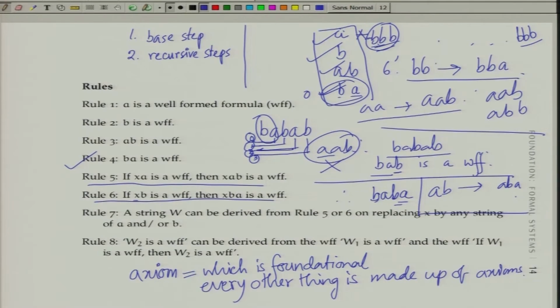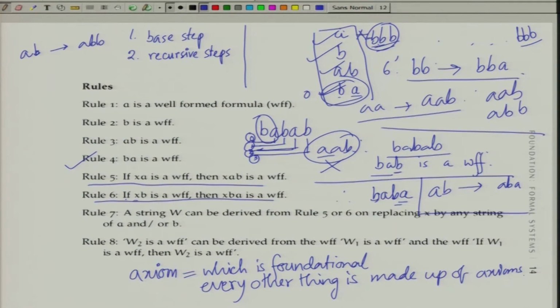You don't go to the next level, but had it been ABB, you could have gone to the next level somehow, because you could at least make something like, if AB is a WFF, so is ABB, by using rule 6.